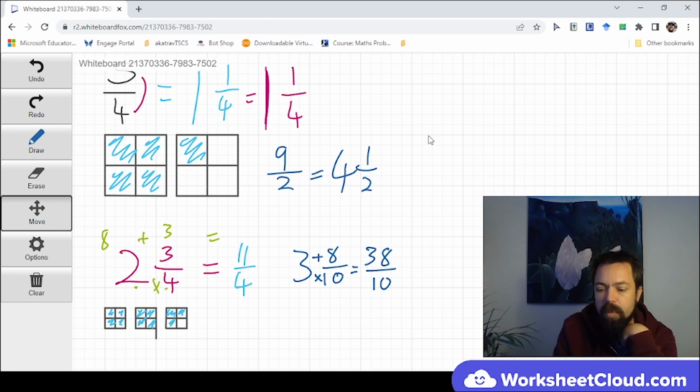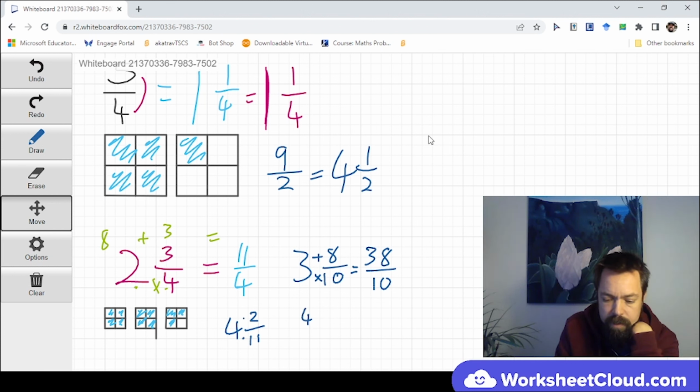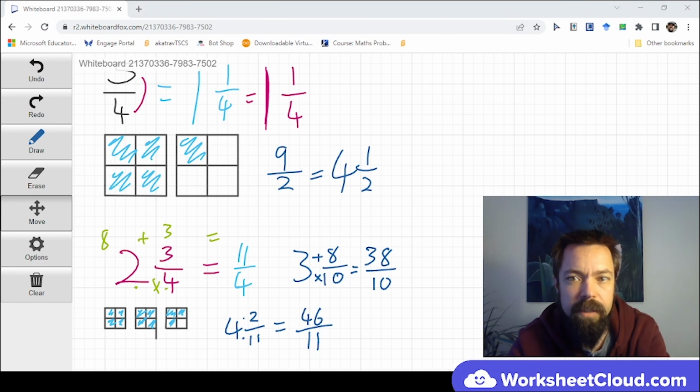So that as an improper fraction will be 38/10. And 4 and 2/11, we say 11 times 4 is 44, plus 2 is 46. There's my improper fraction version.